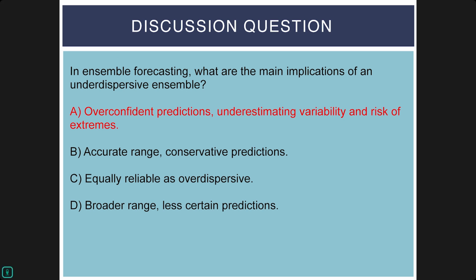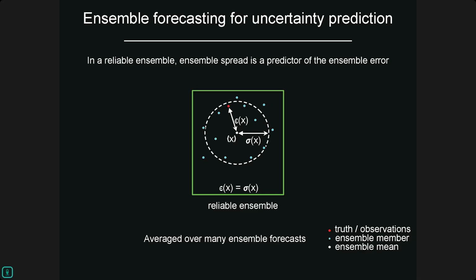How many of you say A? Okay, almost everyone. How many of you say B, C, D? Yeah, you're right. And this is a cartoon representation of this. In a reliable ensemble, the ensemble spread is a predictor of the ensemble error. Let's say the blue dots are your ensemble prediction. For instance, I had 50 ensemble members forecasting the Lorenz system, so all of them at a certain time have some value.